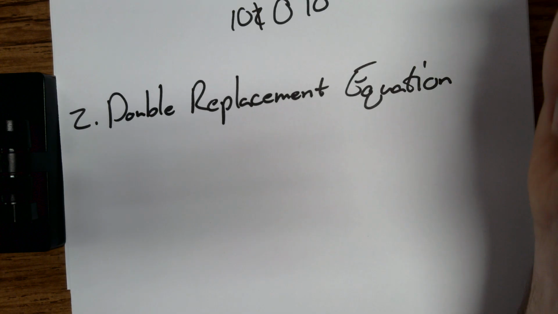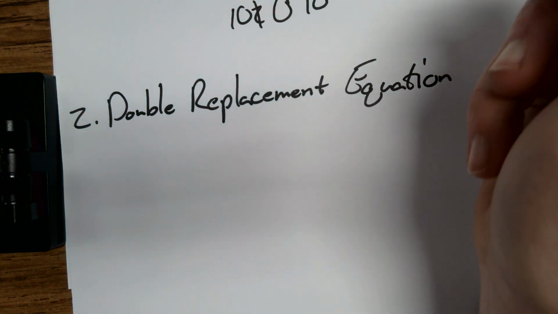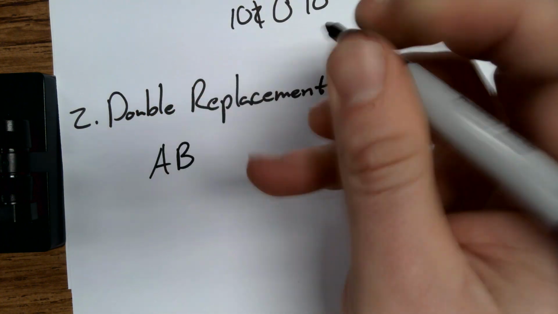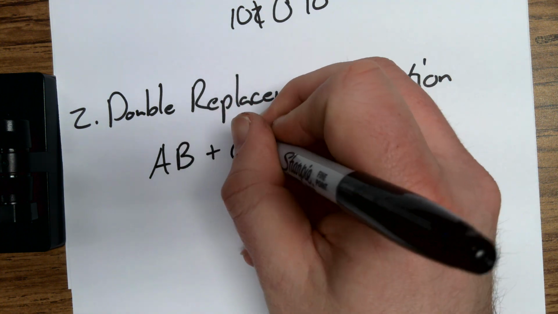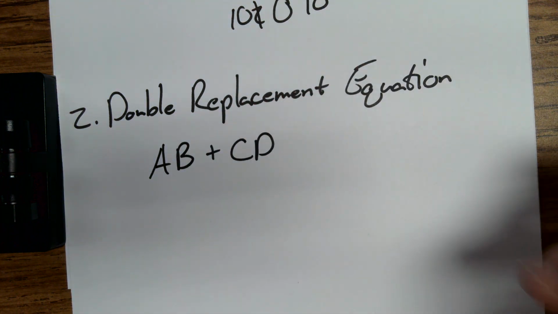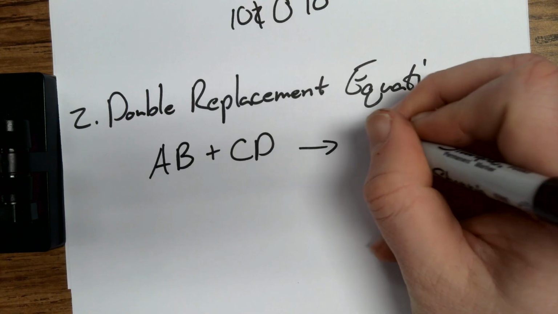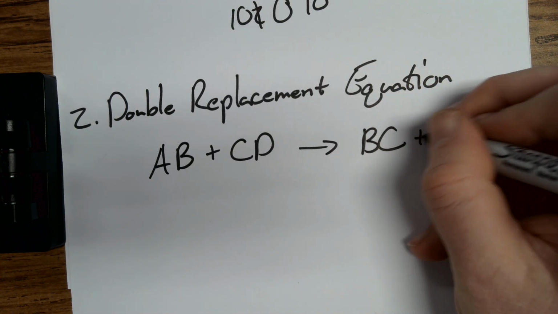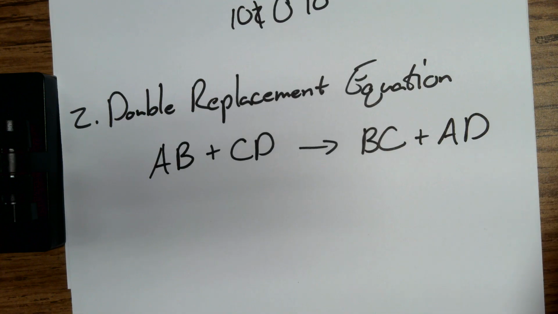We are going to see this pattern play out over and over and over again. AB plus CD will react to form BC plus AD.